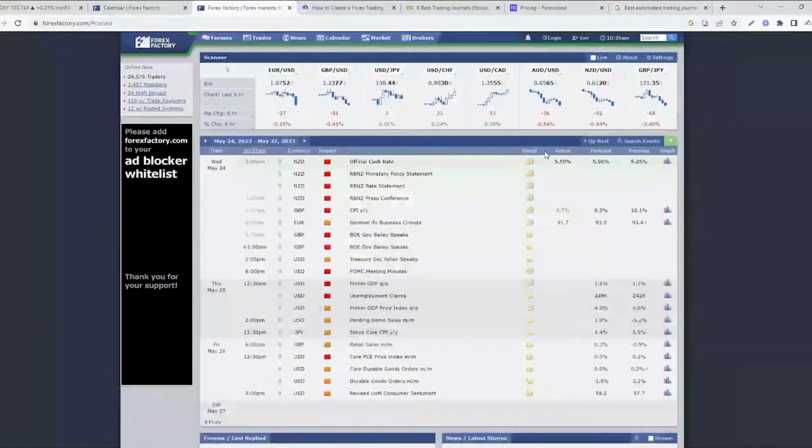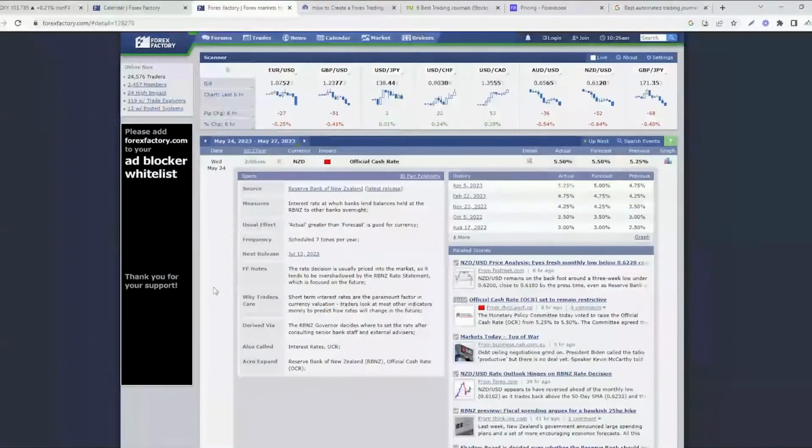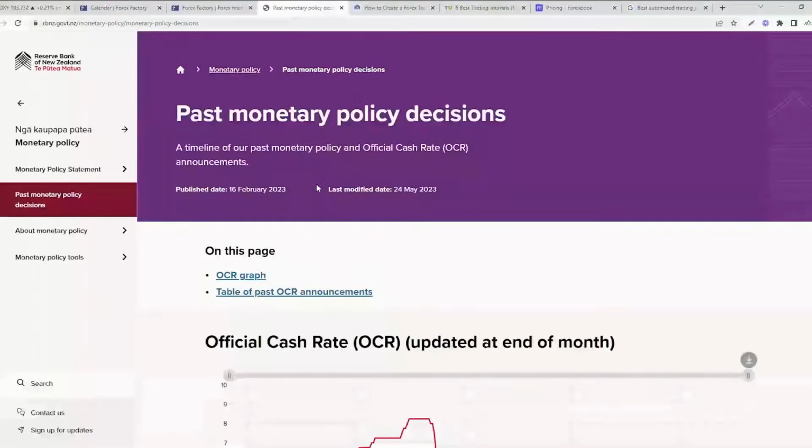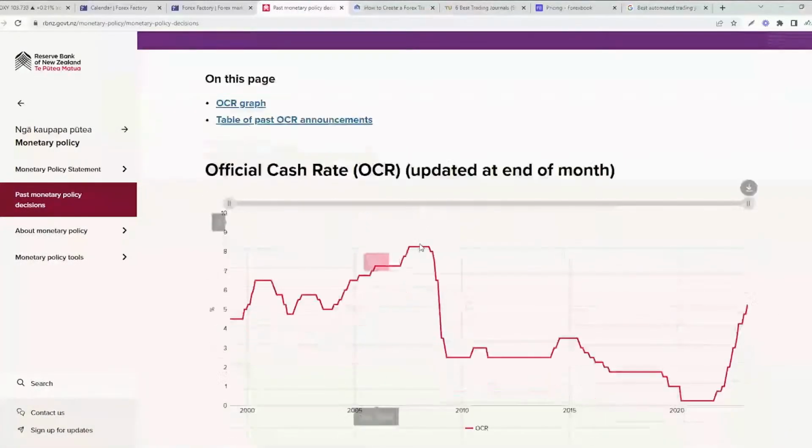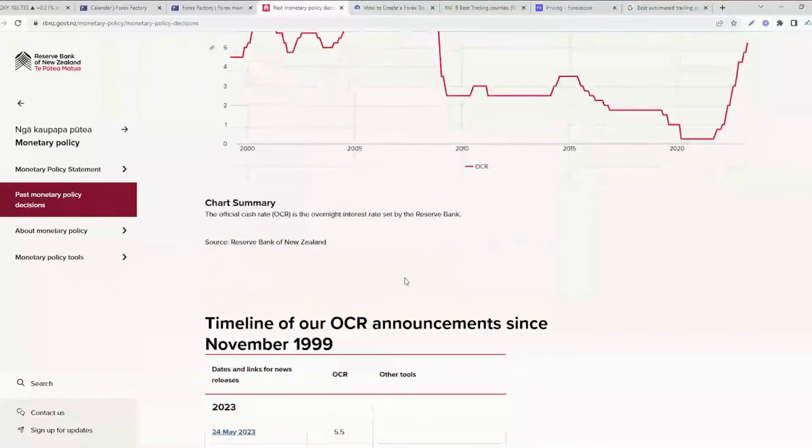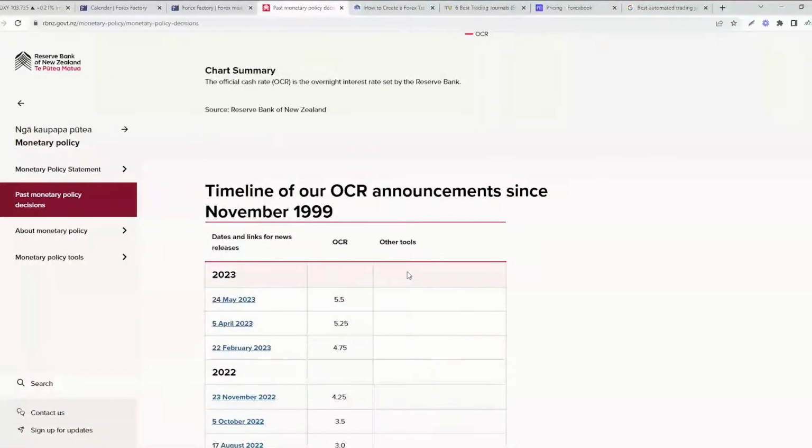And also the good thing about this, you can click on the folder icon and it gives you further details or description about that particular data point. You can also click on the latest release, which takes you to the actual page. In this case, it'll take you to the page of the Reserve Bank of New Zealand, where they'll give you further details on what has occurred.